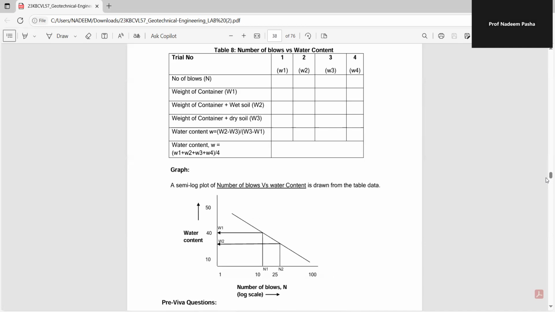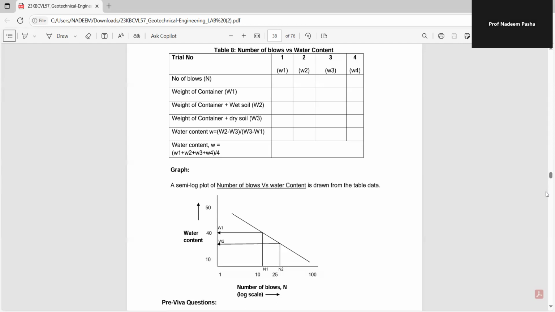The weight of the container is W1, the weight of the container plus wet soil is W2, and the weight of the container plus dry soil is W3. So your water content will be (W2 minus W3) divided by (W3 minus W1). The average water content will be the sum of the readings divided by 4. A semi-log plot of number of blows versus water content is drawn from the table, with water content on the y-axis and number of blows on the x-axis.